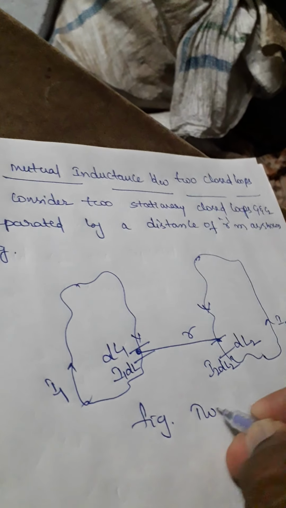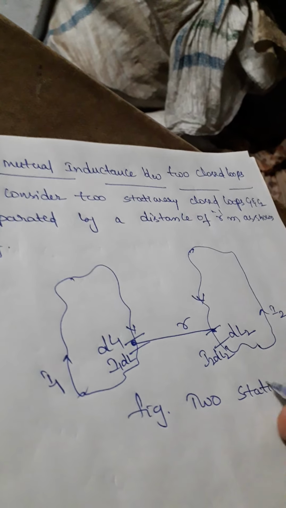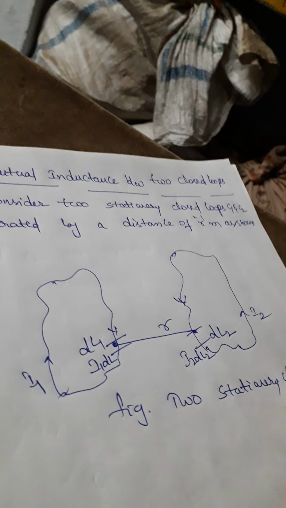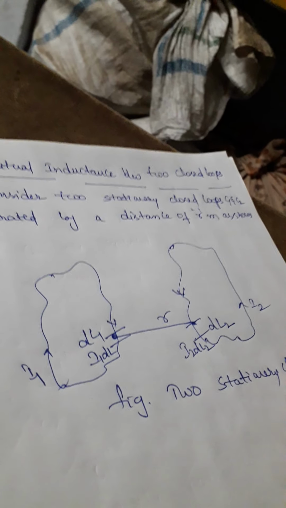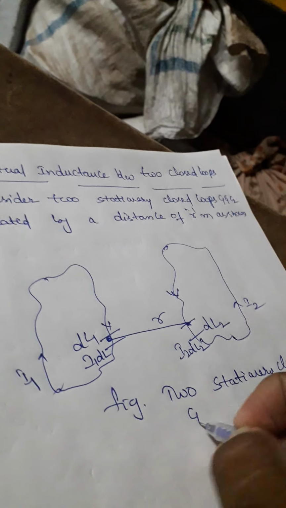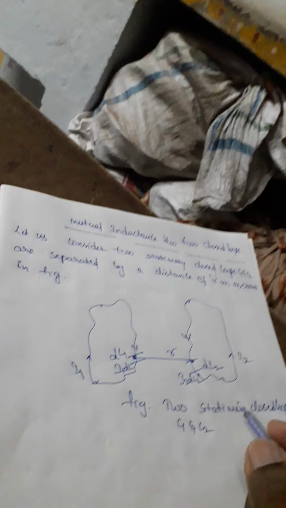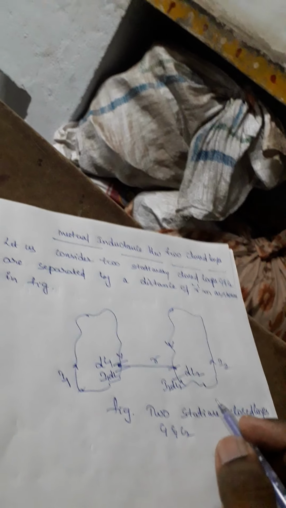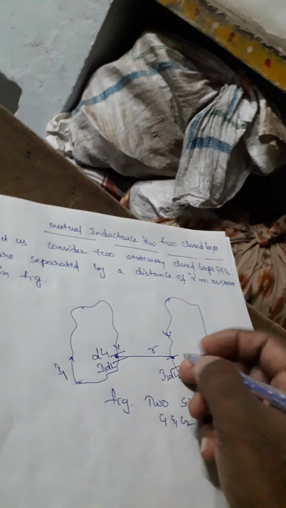So two stationary closed loops C1 and C2. From these closed loops we can calculate the vector magnetic potential at point P due to I1 dl1.